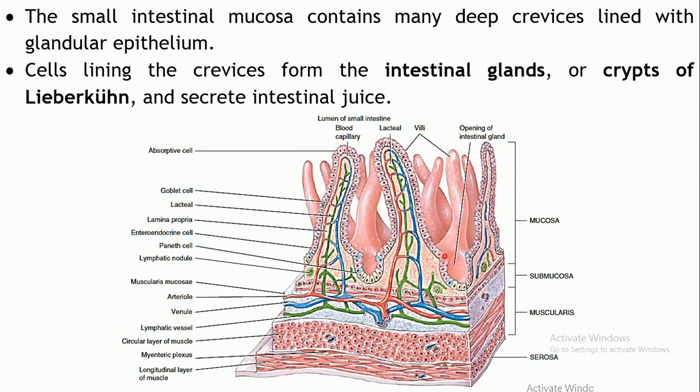Now these crevices actually comprise of the intestinal glands. You can see over here, these are the intestinal glands, or these are also called as crypts of Lieberkühn. So what is the function of these intestinal glands? Is to secrete the intestinal juice.